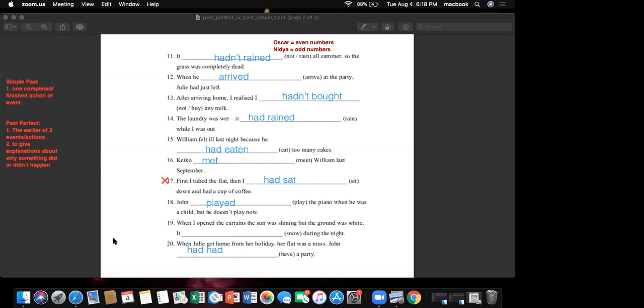I had a question in number 14. I don't know if it's correct, because the two actions were happening at the same time.